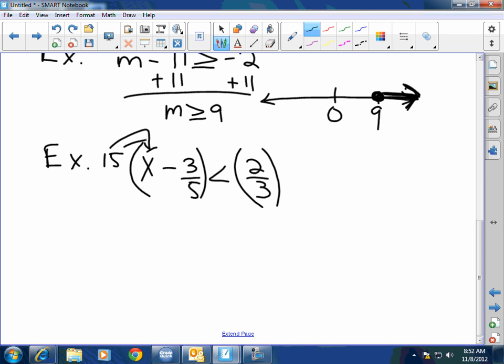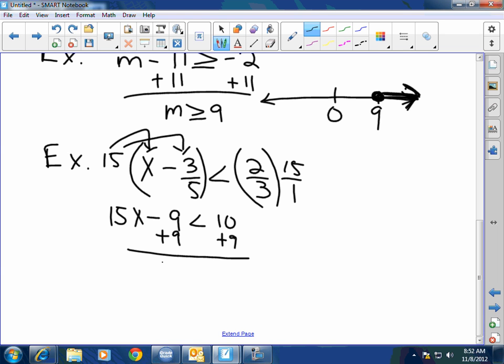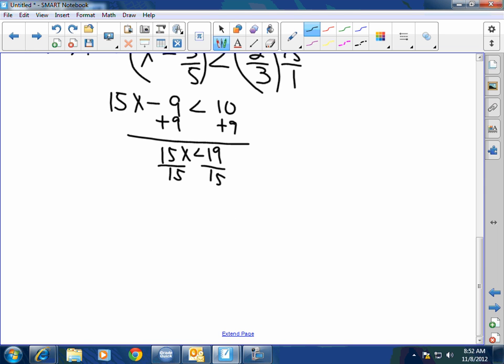And then I distribute, and that's going to be 15x minus, what's 15 times 3? 45. 45 divided by 5 is 9. And then you got to multiply 15 over here. What's 15 times 2? 30 divided by 3? 10. Then you add 9 to both sides. 15x is less than 19. Divide by 15. Right? And x is less than 1 4/15.